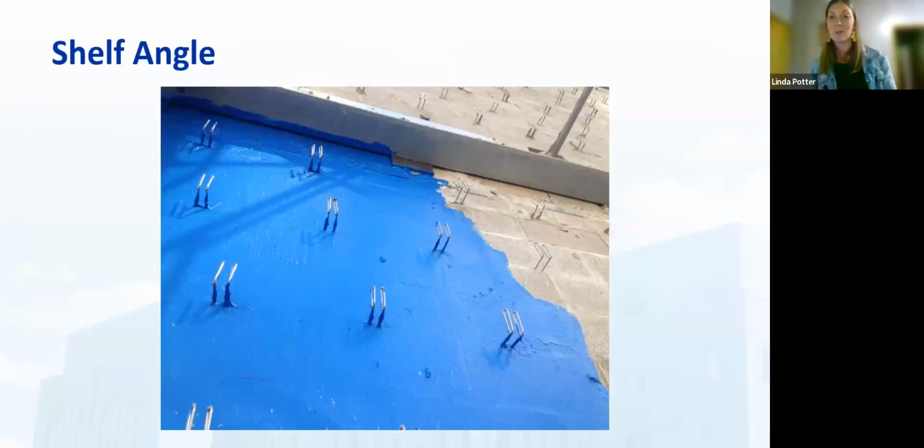Shelf angles are a really hot topic right now. Only relevant if you're using a full veneer masonry on the outside of your project. But if you are, the standard way of handling this was your angle would go in place, and then you would try to air barrier around it. Lots of tapes, never fully continuous, because there's no way you're going to get a fully continuous air barrier back behind that once it's already installed.